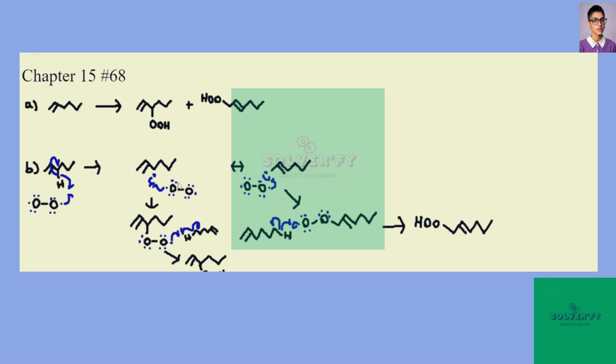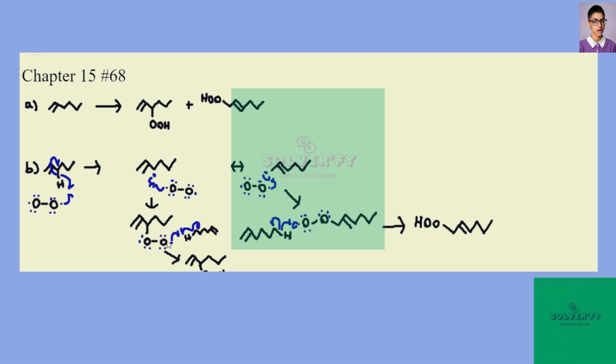The O2 molecule and the radical will come together to form a new carbon-oxygen bond. So you'll then have the 1-hexene, or if it's transposed, 2-hexene, bound to this oxygen-oxygen. And so that's these two intermediates.